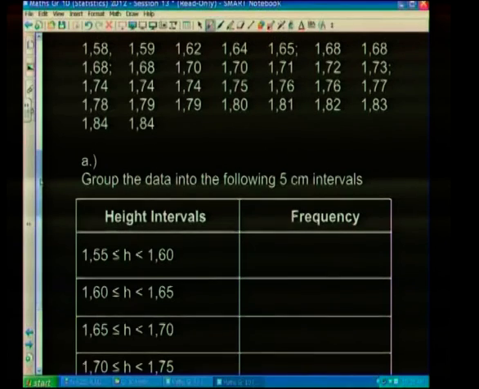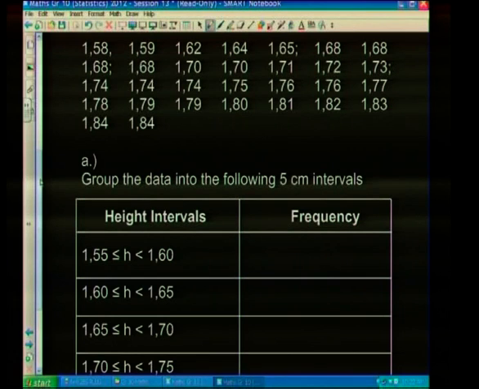Now, what I'm going to do is fill in my table. I'm going to go through every piece of data, and I'm literally going to do a tally table. So group the data into 5 centimeter intervals.